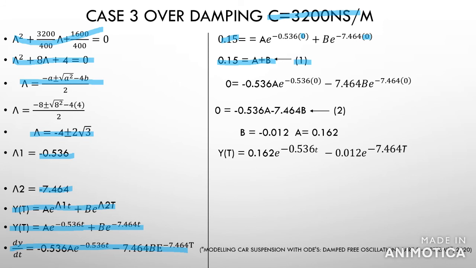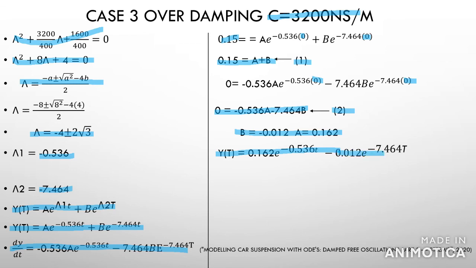So when I sub in for dy/dt, put t equals 0 equals 0, so I get 0 equals this equation, which is my second equation. If you do simultaneous equations, later on you will get this as your answer: b equals negative 0.012, a equals 0.162.